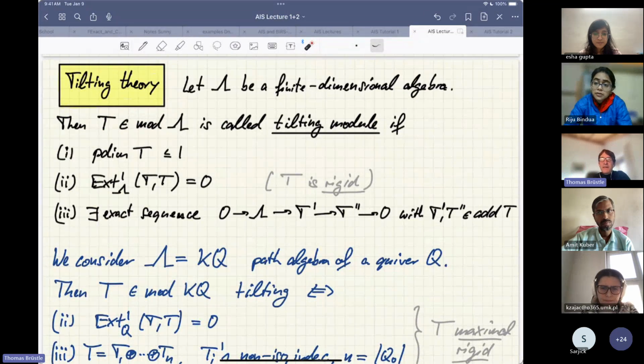So let's go back to the 1980s, where tilting theory was one of the hot topics in representation theory. By the way, in the early 2000s, cluster tilting and cluster categories, cluster theory, replaced tilting theory as the hot topic.